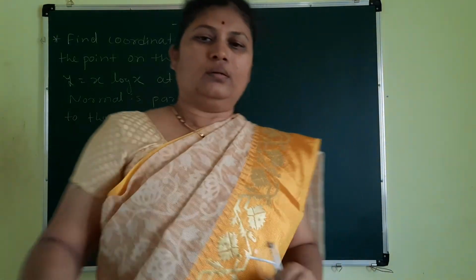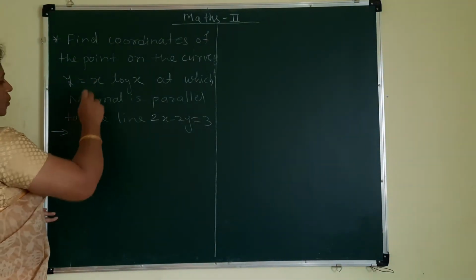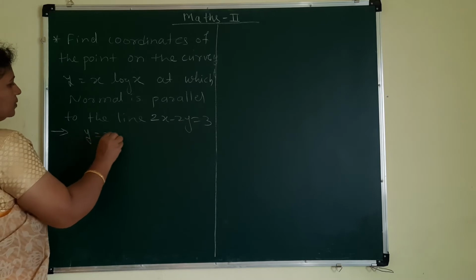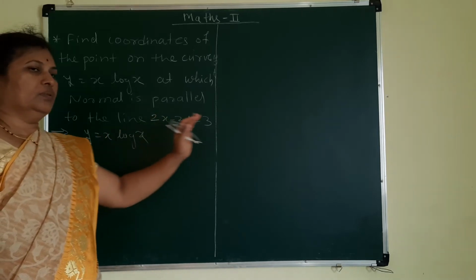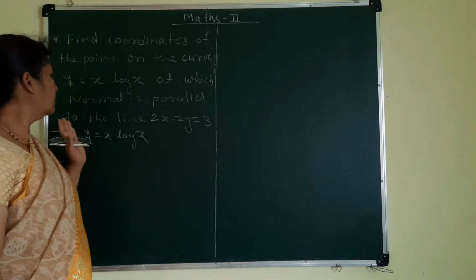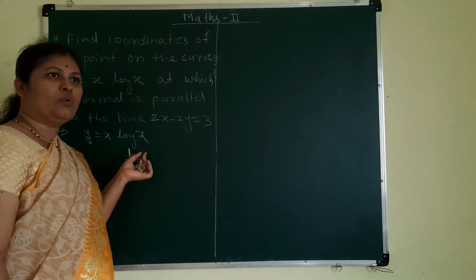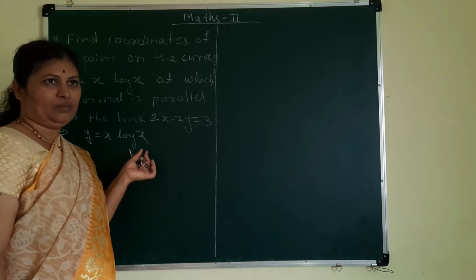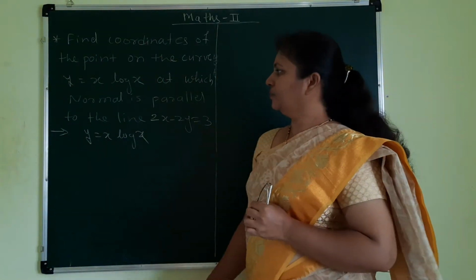So what is the given curve? Given curve is y is equal to x log x. Because of the space, we have to write in small letters, so adjust it.